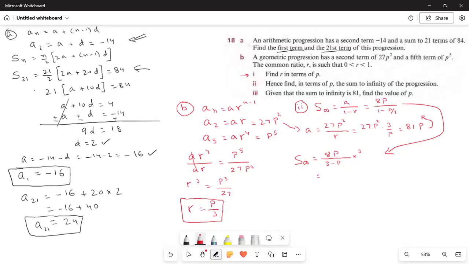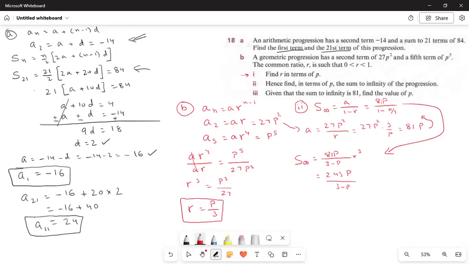Sorry, I am making some mistake somewhere, I guess. Yes, a is 81p, not 8p. So this is 81p into 3. 81 times 3 is 243p over 3 minus p.